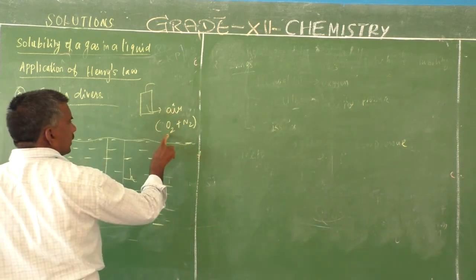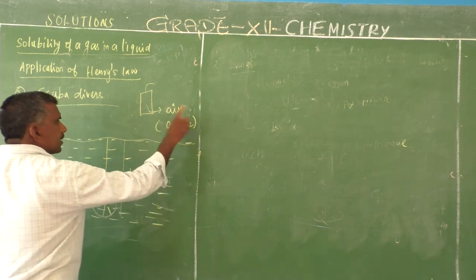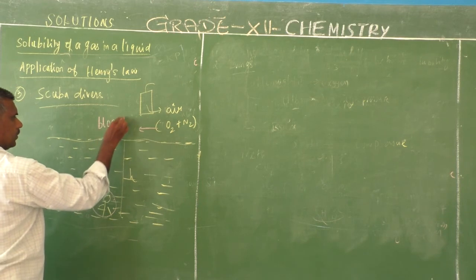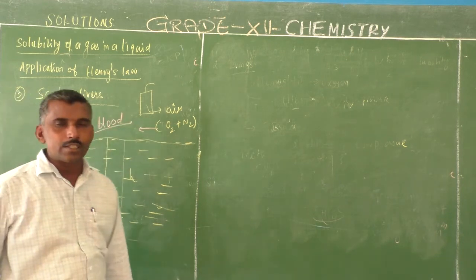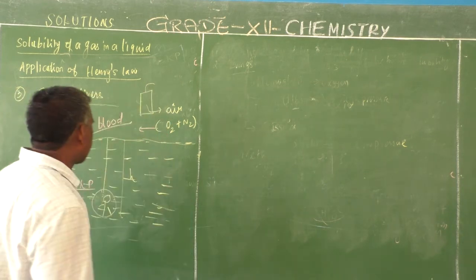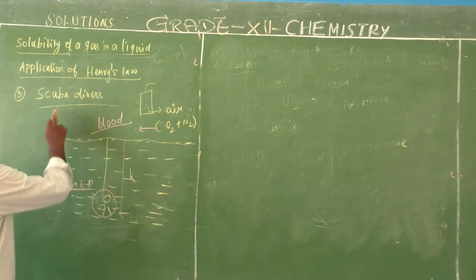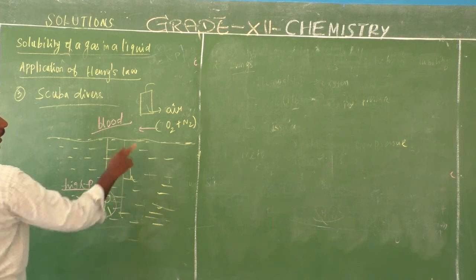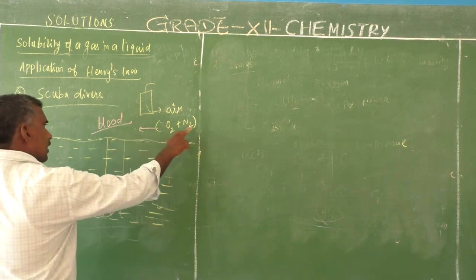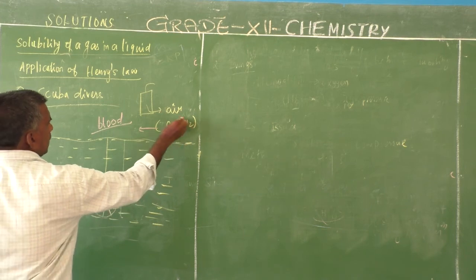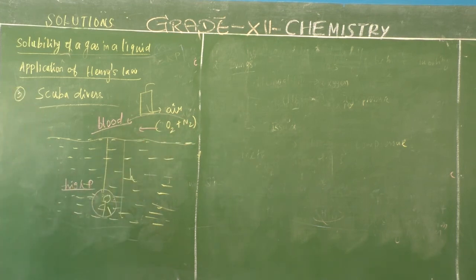The air containing oxygen and nitrogen dissolves in the blood. So the blood at high depth contains dissolved gas. The scuba diver carries a cylinder containing oxygen and nitrogen, and in a high depth area, nitrogen gas dissolves in the blood.